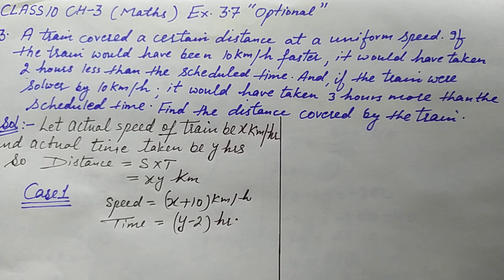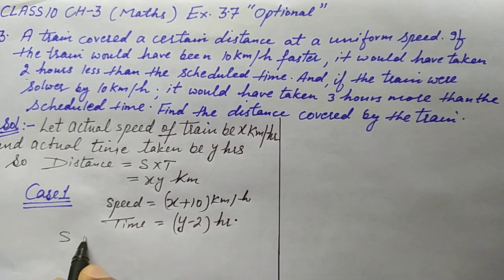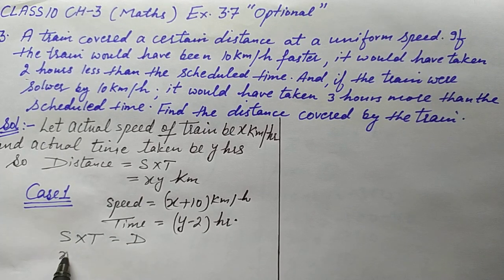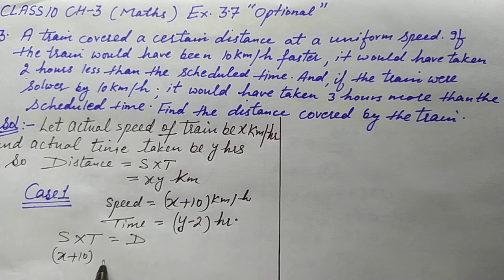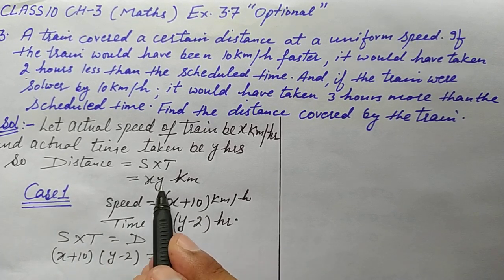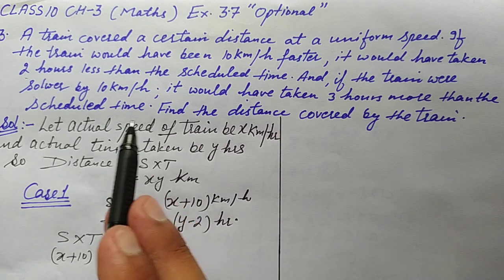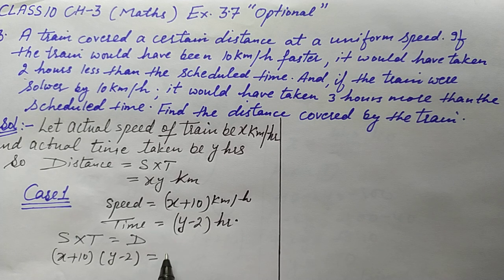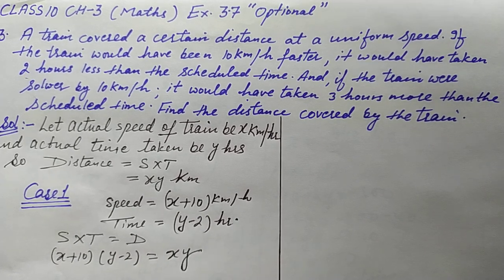Now again we will apply that same formula. Speed into time is equal to distance. So here speed is x plus 10 and time is y minus 2, equal to distance. Here distance is xy, because in both the cases it is covering the same distance, only speed and time are getting changed, distance will remain the same, so distance is xy only. Now we'll solve this equation.